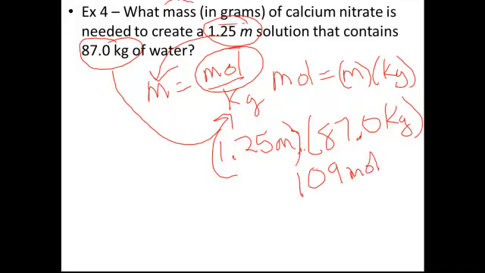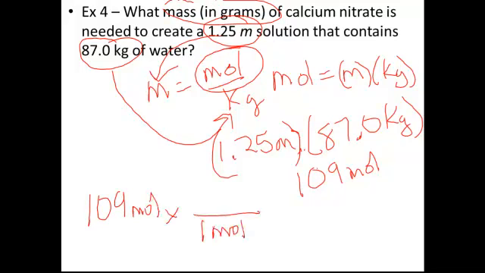And now they want the mass in grams of calcium nitrate. So we need to take our 109 moles, and we can say 1 mole on the bottom, and now we need the molar mass of calcium nitrate on the top. To know the molar mass, we need the formula for it. Calcium is +2, nitrate's -1, so it's going to be Ca(NO3)2. Calcium is 40.1 plus 2 nitrogens, that's 28, plus 6 oxygens, that's 96.